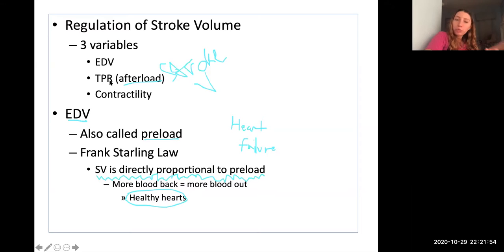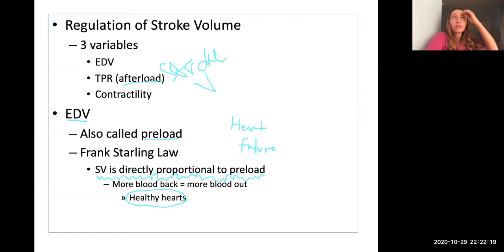So I talked about this earlier tonight. The end diastolic volume is the most that the ventricles can fill after the AV valve closes. This is also called preload. And there's this thing called the Frank-Starling law, which are two separate people, she said, and that the stroke volume is directly proportional to preload.